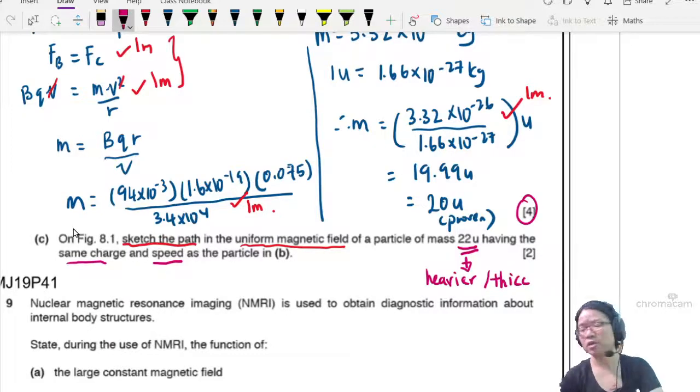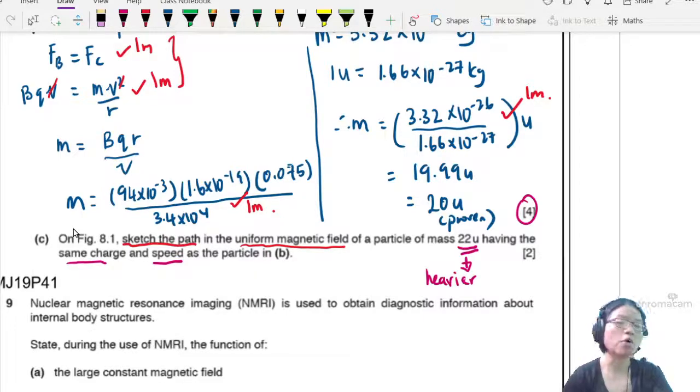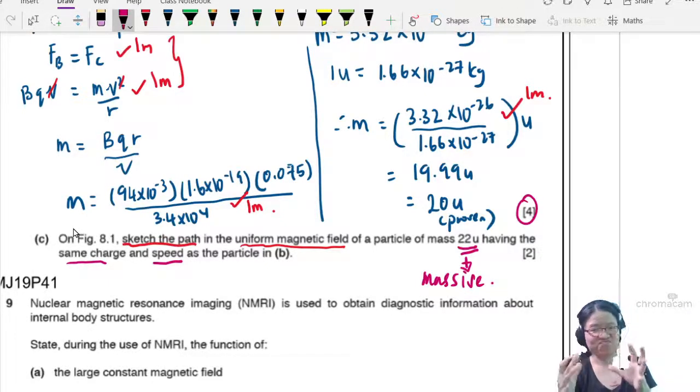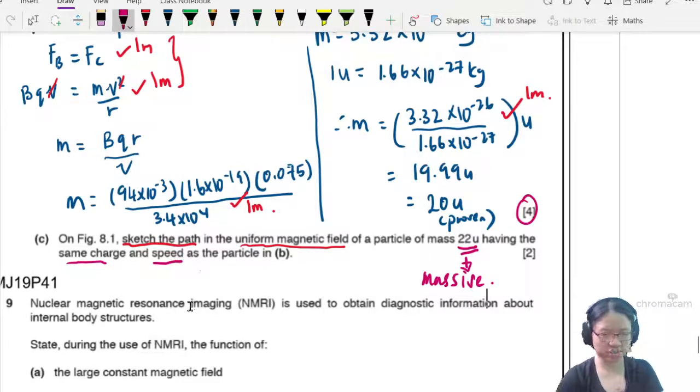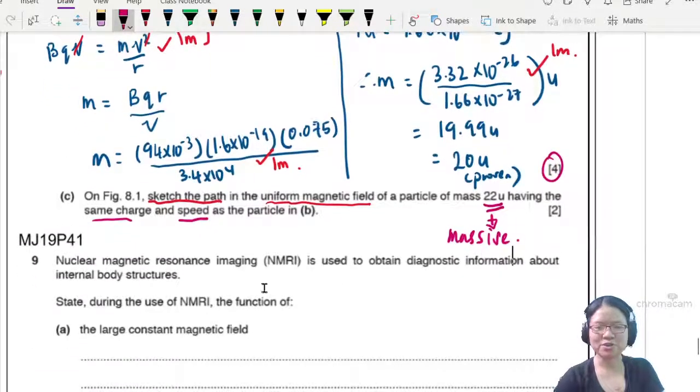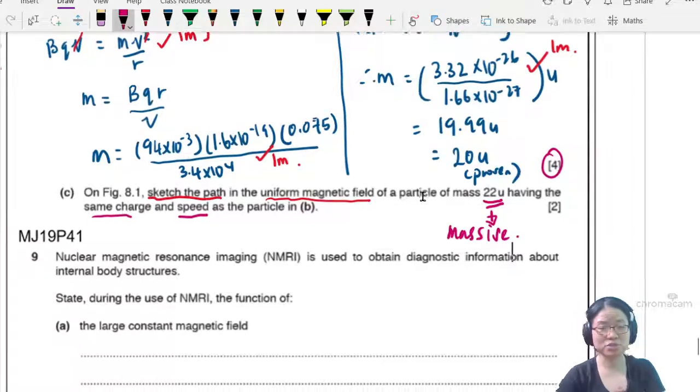Okay, not thick. Don't use thick in the exam. That's not good. Heavier or have more mass. Let's do the correct scientific term. More mass. More massive. All right, chunkier. It's a chunky boy.